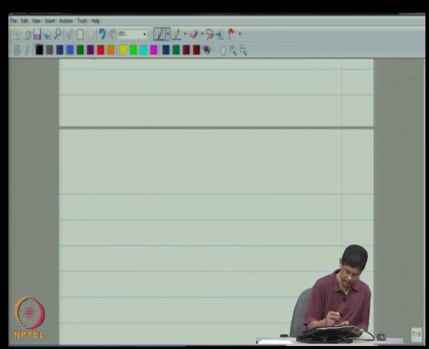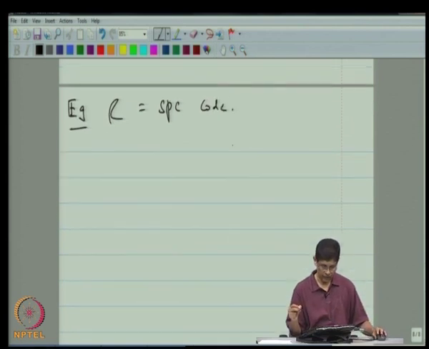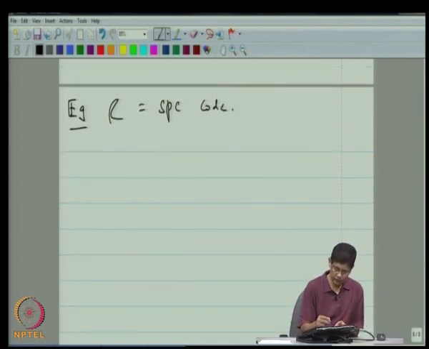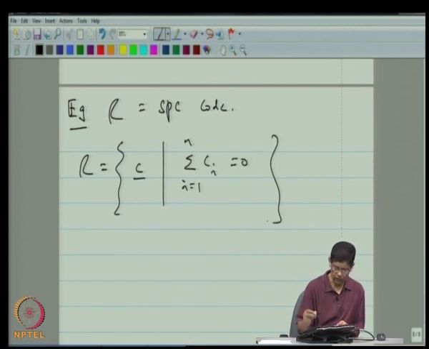Let us look at another example. Let C be the single parity check code. So, C is precisely the set of all code words having the property that the sum of Ci, i equal to 1 to n, is equal to 0.